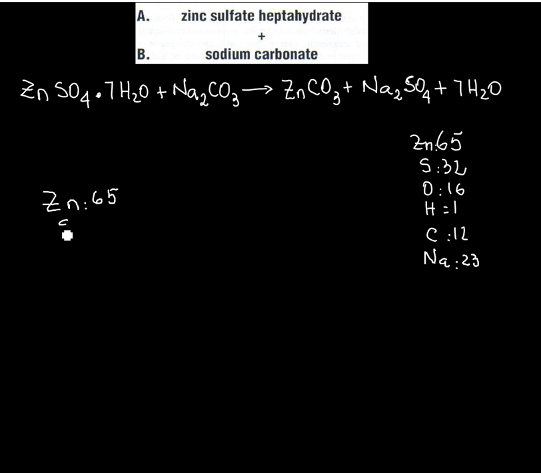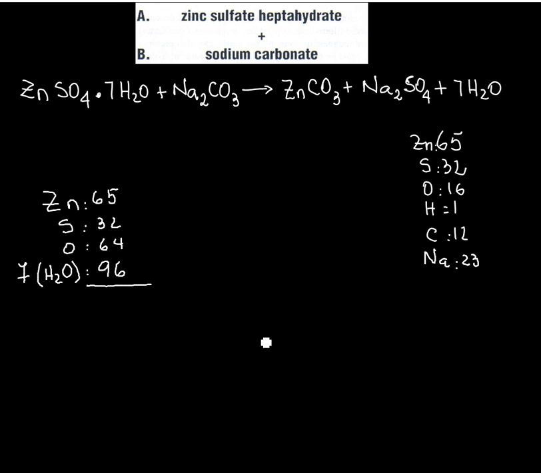The sulfur is 32. The oxygen is 16 times 4, which is 64. And then we have 7 times the water, which is 7 times 18. And that is 96, I think. We're going to see in a little bit.